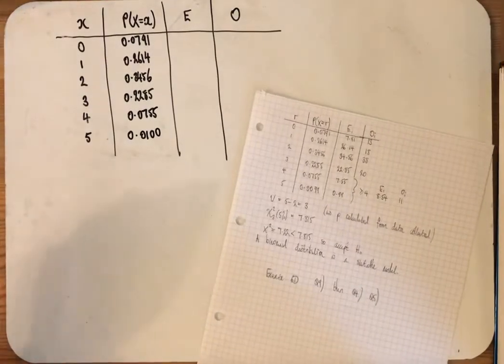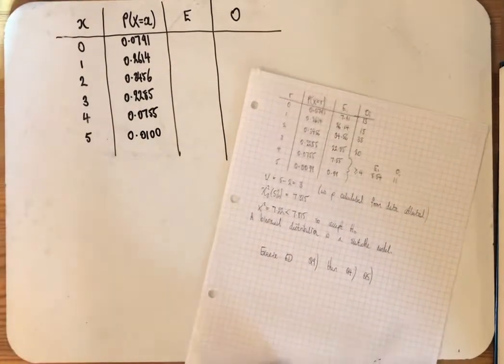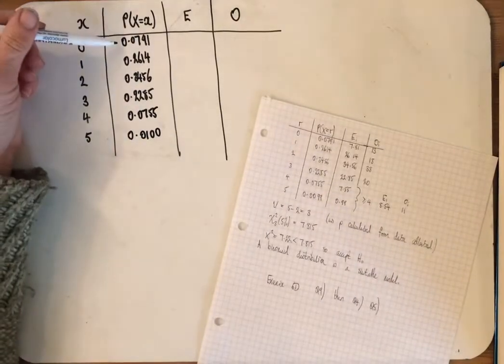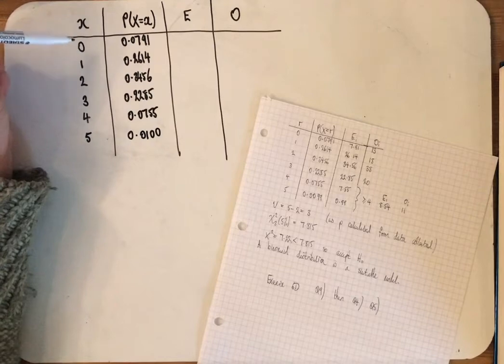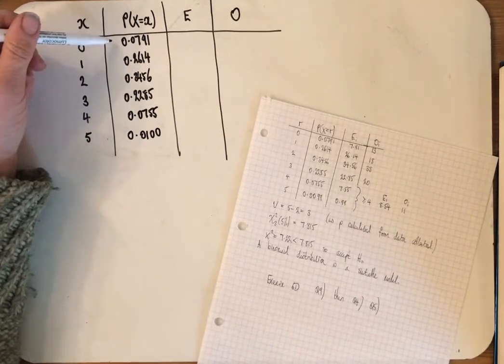And then expected values, so this is a probability of getting no girls, but we need to times that by 100.